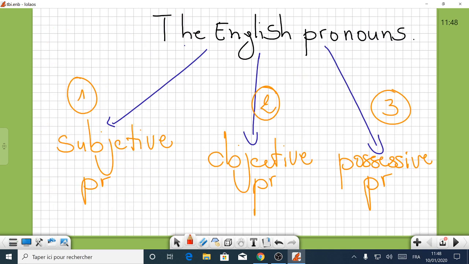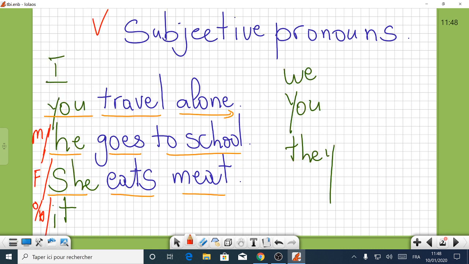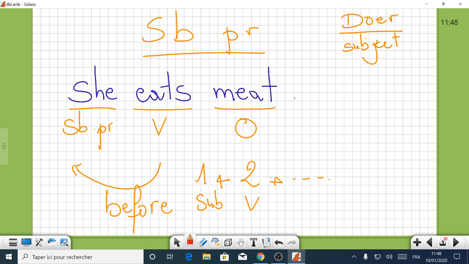So, as I told you, we have English pronouns: subjective, objective, and possessive. I wrote the subjective pronouns here all together: I, you, he, she, it, we, you, and they. And then we have seen how they function. I say they always come before a verb.